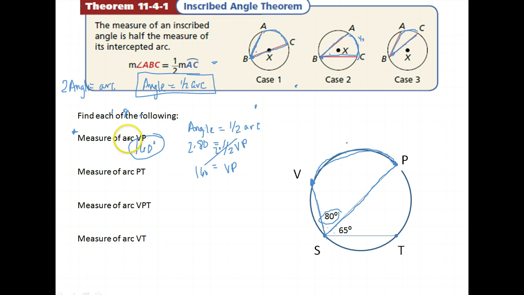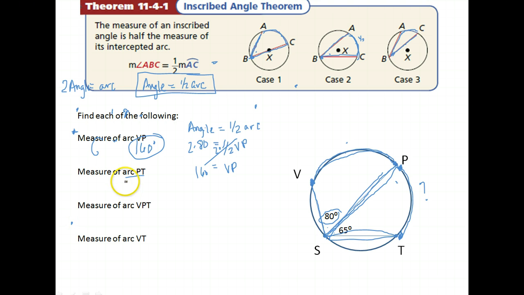So let's try the next one. The next one is asking for the measure of arc PT. It's an arc, so we know we're going along the edge of the circle, our curve from P to T. We want to know its measure. We notice that it comes from angle PST, which is 65 degrees.